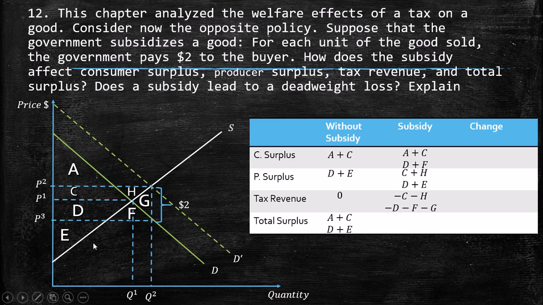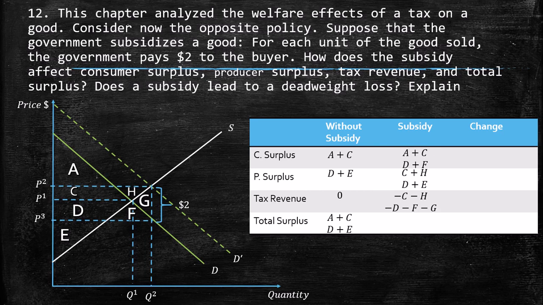What about the government? Remember that with taxes, the government has a positive because they have income. But in this case it's not going to be tax revenue because they are subsidizing. So the subsidy is going to be negative. It's going to be considered as spending from the government side.